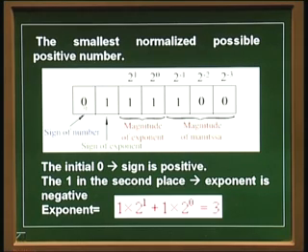That means its sign is positive. And if you want the smallest number, it's obvious that the sign of the exponent is negative. So we put the sign of the exponent as 1, where 1 represents a negative number. And then you have the magnitude of the exponent. The exponent has to be maximum negative to get the smallest number, so we put 1, 1 here.